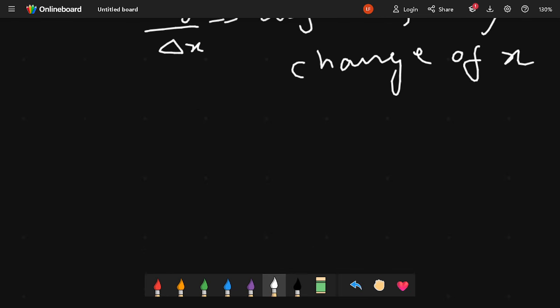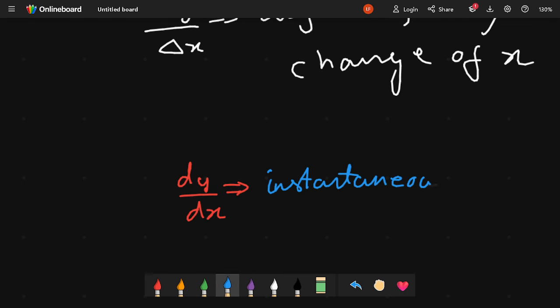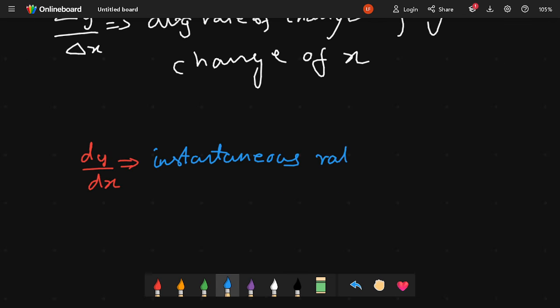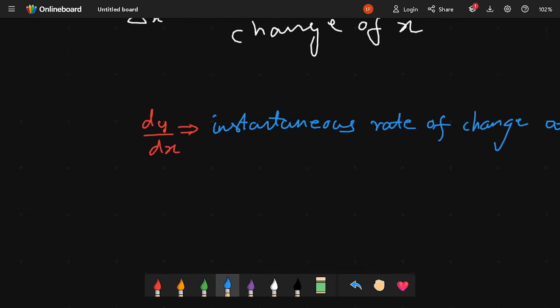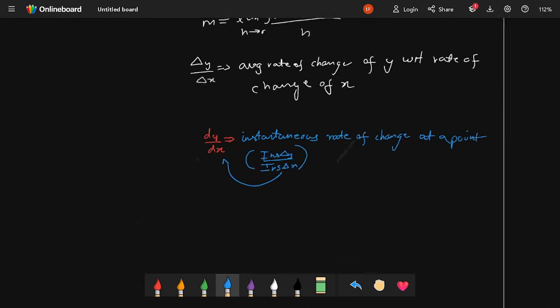Now dy over dx, this is your instantaneous rate of change at a point. What is it? Instantaneous change in y over instantaneous change in x. But this is not how you write it. You write it as dy over dx.